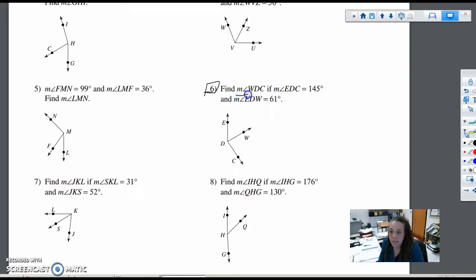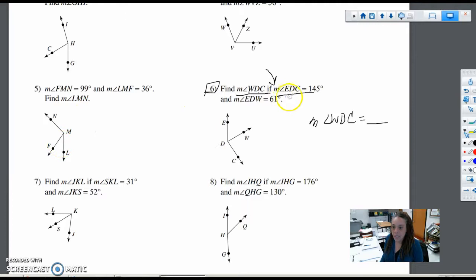They're telling us to find the measure of WDC. So the measure of WDC is equal to what? That's what we need to find. They say find that if the measure of EDC is 145 degrees and the measure of EDW is 61 degrees. Watch how I'm going to set this problem up differently from number 1.